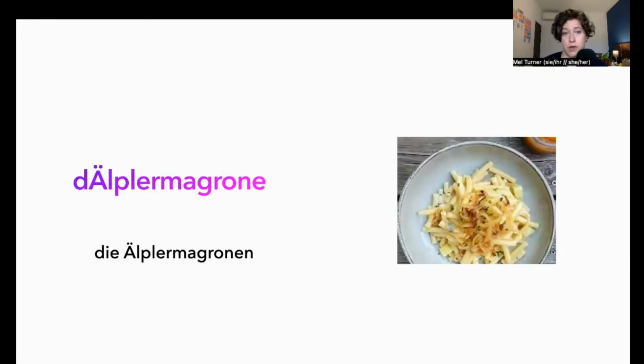Then Erdbeermakrone, that is pasta and potatoes in a cream cheese sauce with onions on top. And it sounds super boring. It's a little bit like carbonara, but it's really, really good.